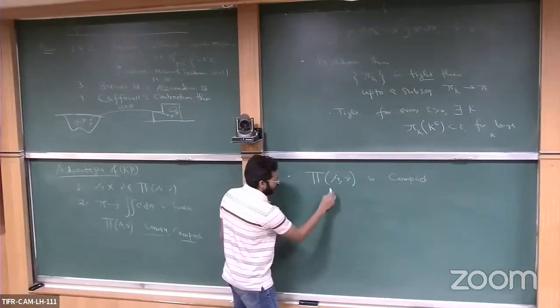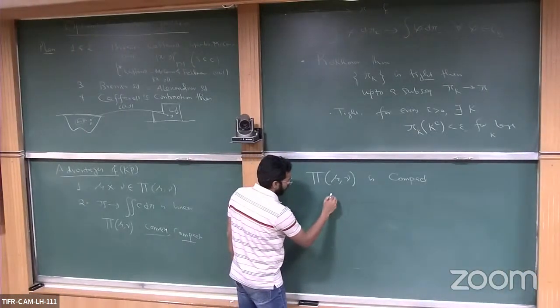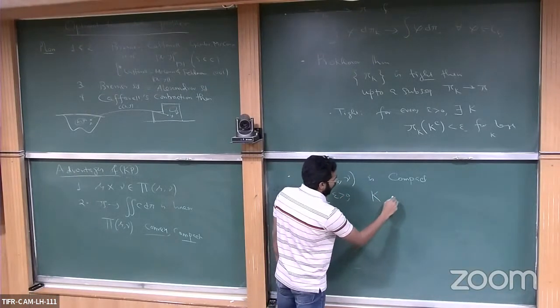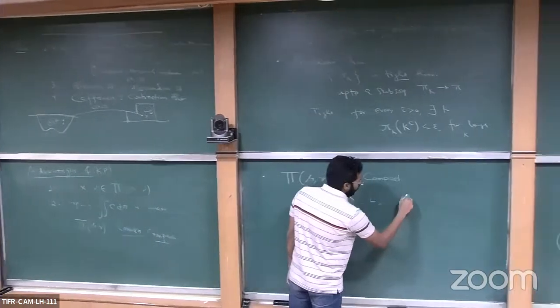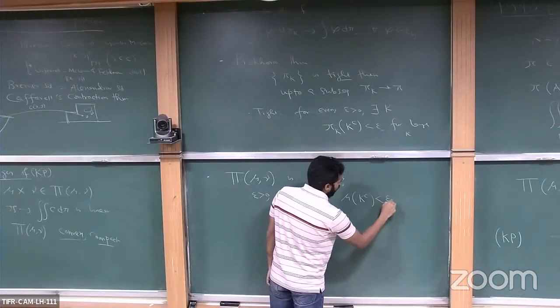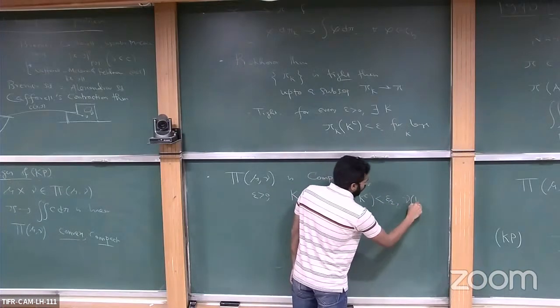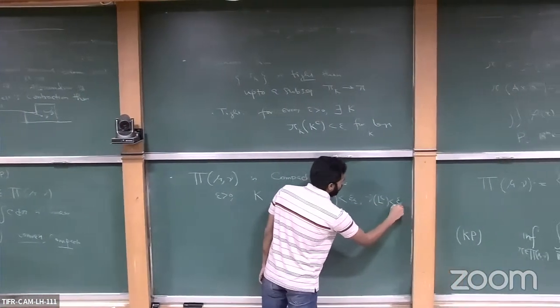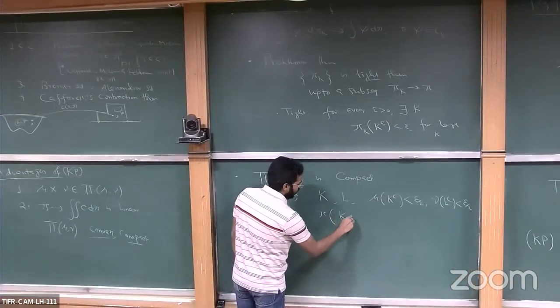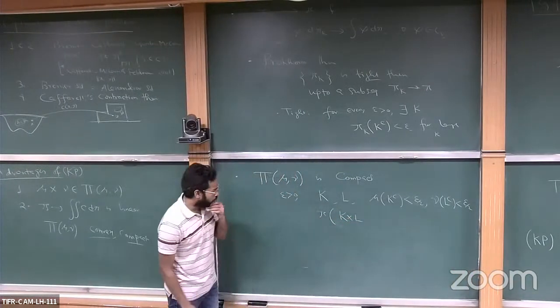So let us take mu and nu fixed. Given any positive epsilon, you choose compact sets K and L. So K complement has very small mass, nu of L complement has small mass, and then we just consider K cross L. Okay, so this is again compact.